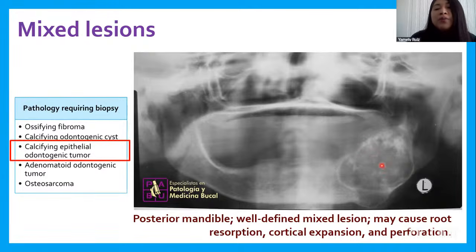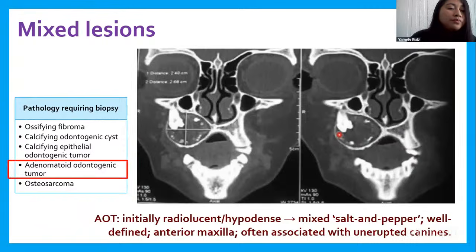We can observe some radiolucent areas in combination with radiopaque areas. If we are seeing a tomography, we have hypodense areas in combination with hyperdense areas. This entity, as I said, could have aggressive behavior, so it may cause root resorption, cortical expansion, and even cortical perforation.